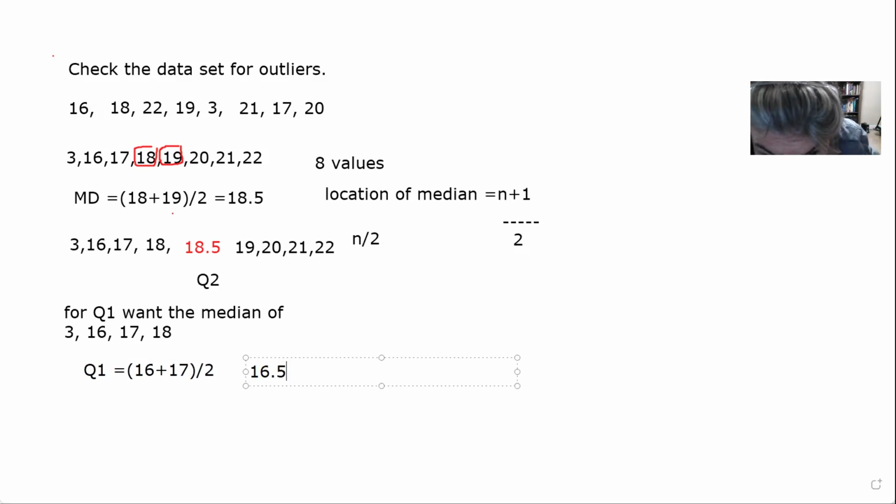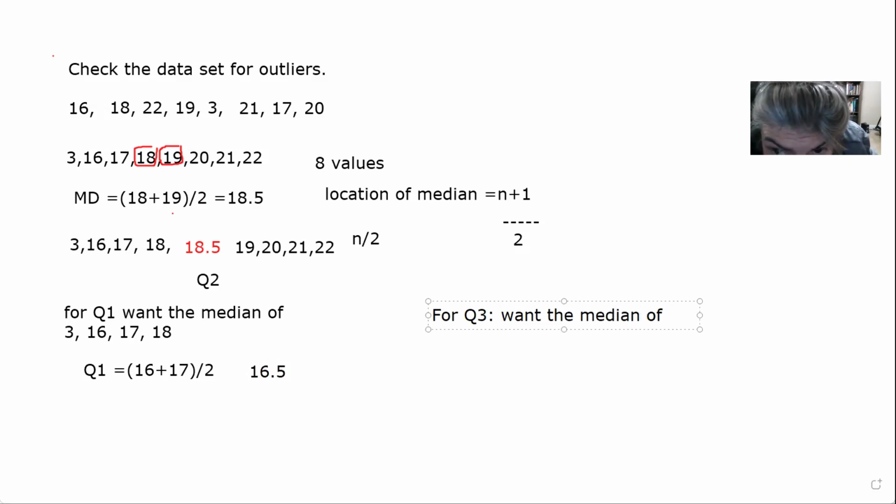Now for Q3, we want the median of the list from 19, 20, 21, and 22.